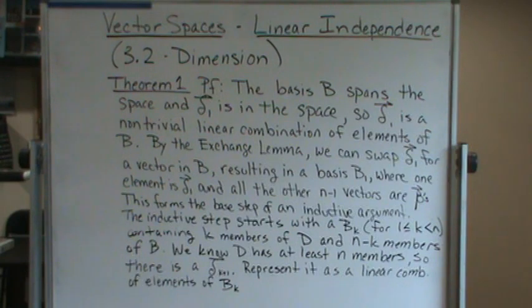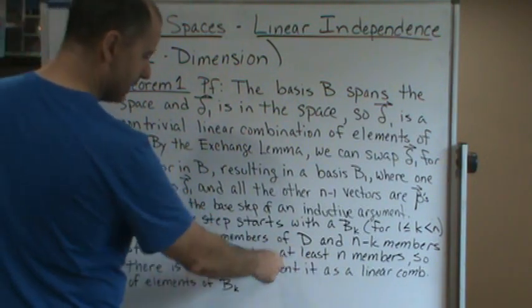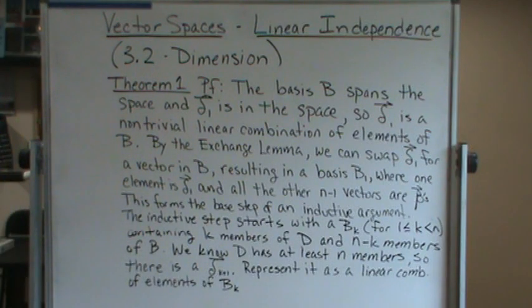Now, we know D has at least n members in it, because B is minimal, so the basis D has to have at least n. Could have more, but it has at least n. And we're trying to show that it doesn't have more, but that's what we're trying to prove.